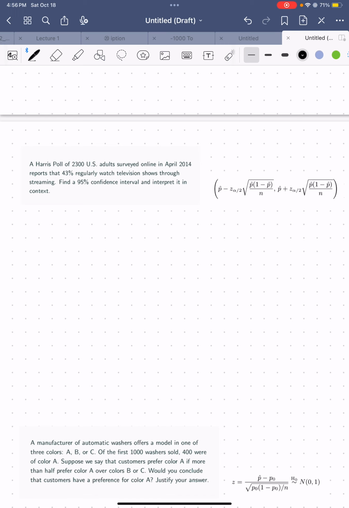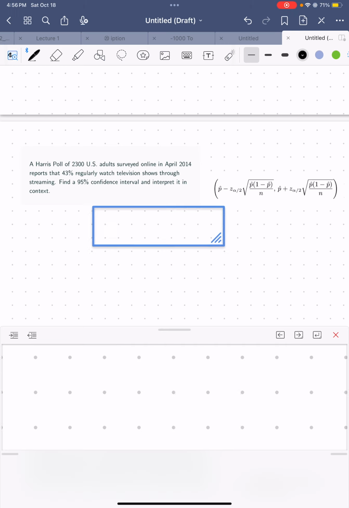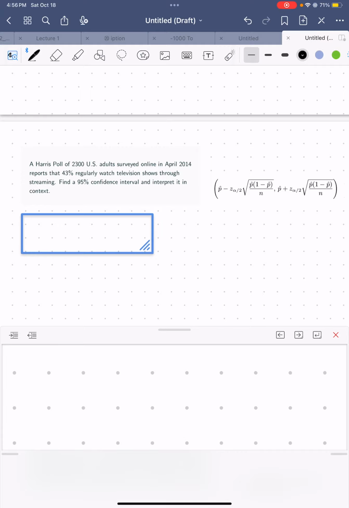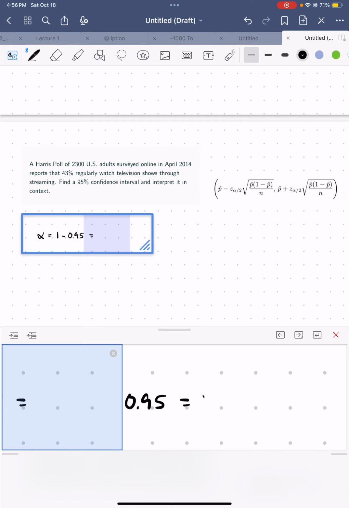So since this one is a confidence interval, we can start with finding our alpha value. So our alpha value should be 1 minus our interval percent divided by 100. So we have 0.95. So that means our alpha value is 0.05.